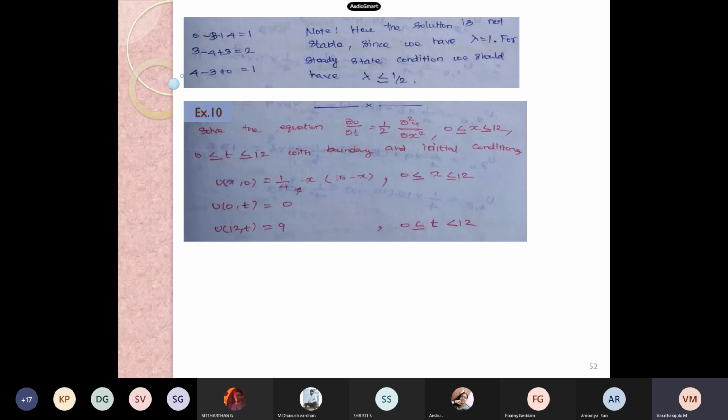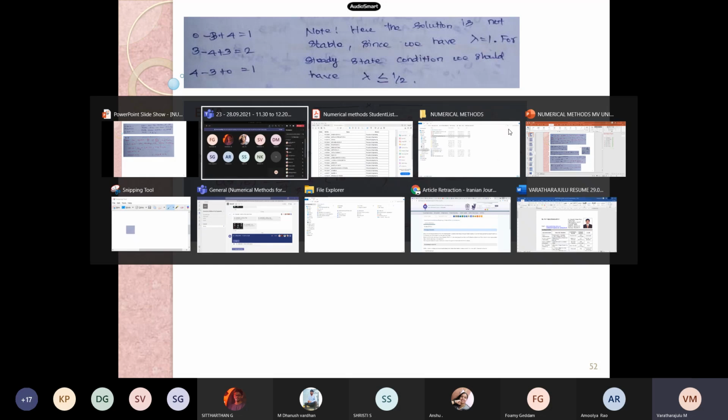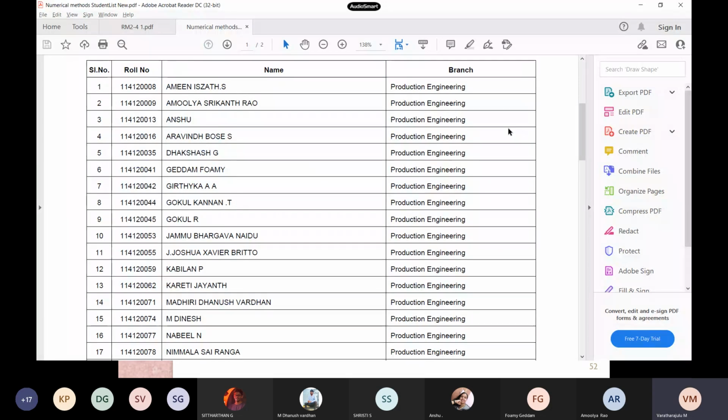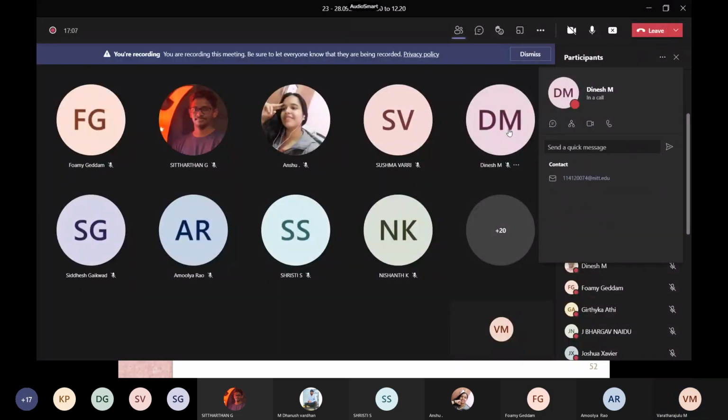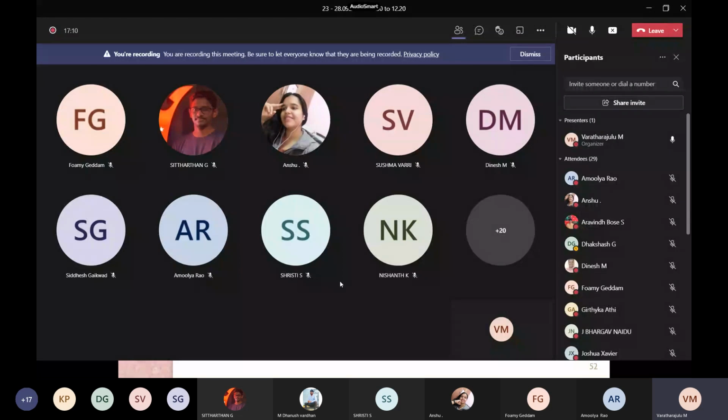Am I right, Siddharthan? Apart from Siddharthan, what happened to the others? For me, Kritika, Gogol, Kannan, Bhargav, Amolya? Yes, sir. Amolya, you join with us till the end.